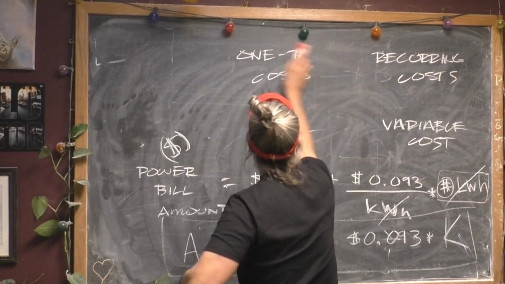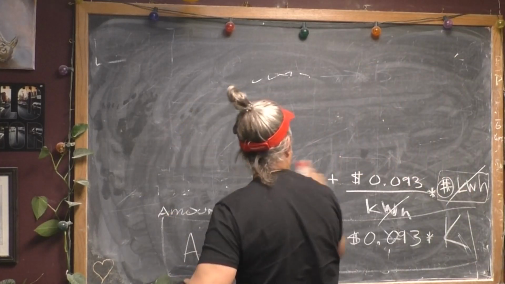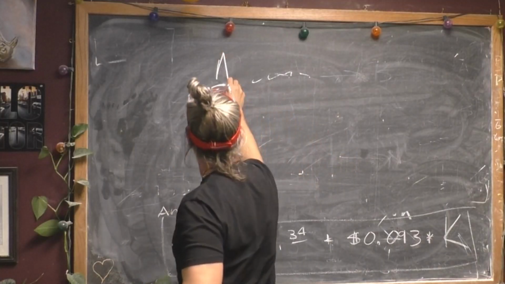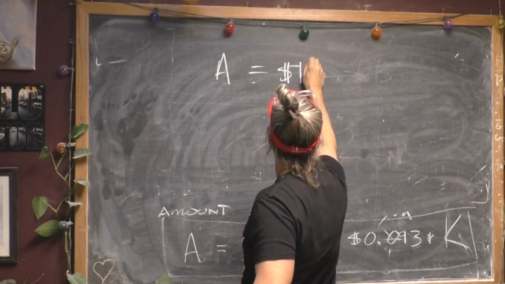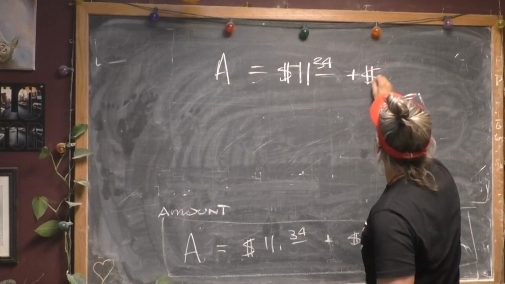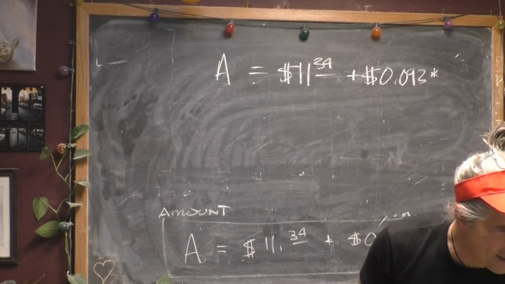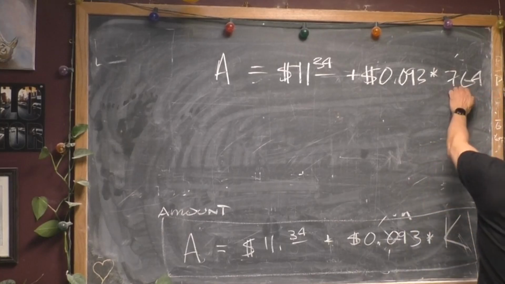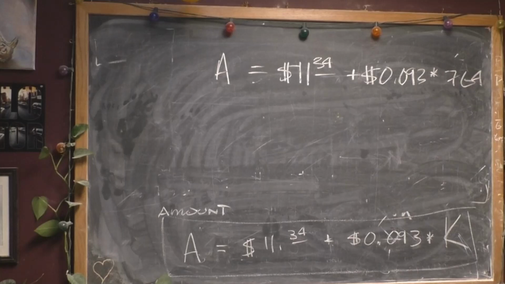All right, so the amount we're going to get billed is going to be equal to 1134 plus 0.093 times 764. So I have to do this times this, add on the 1134, and that's going to be my power bill. Let me do that right quick.